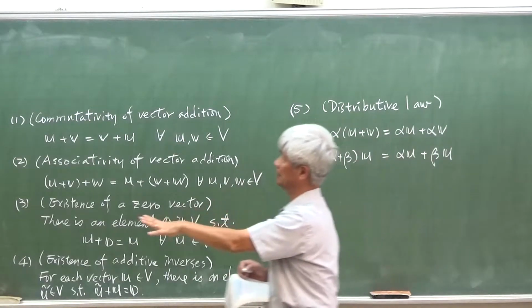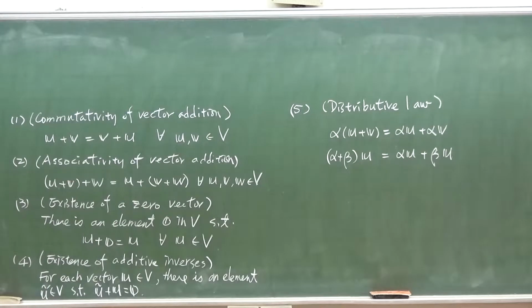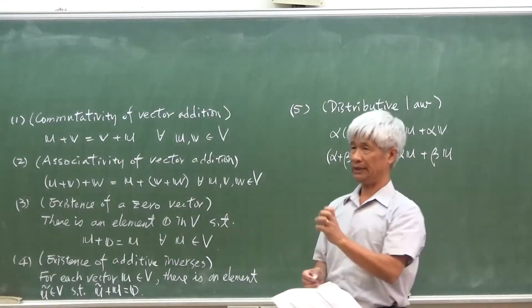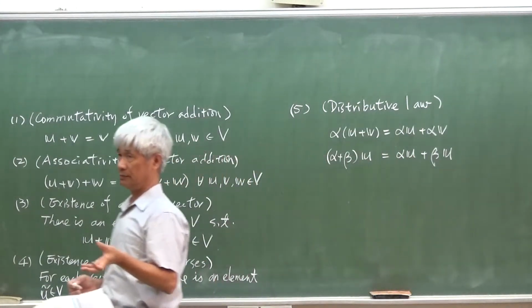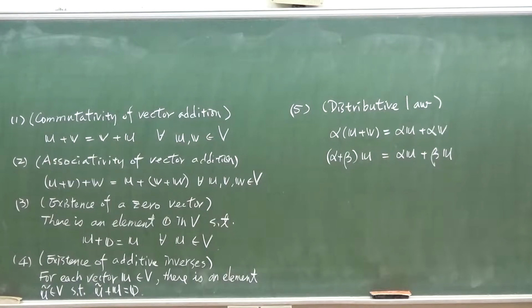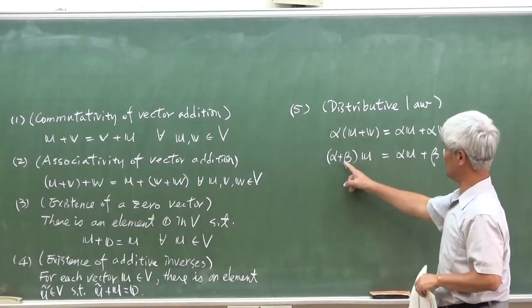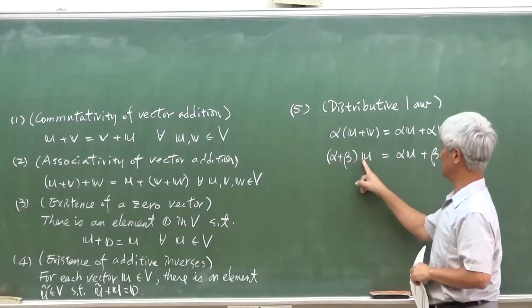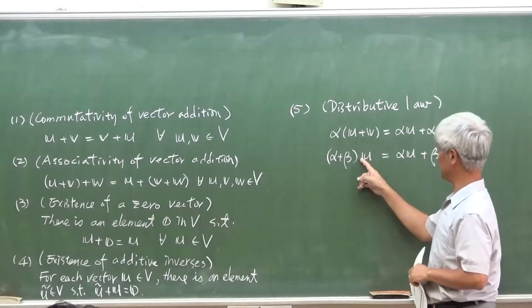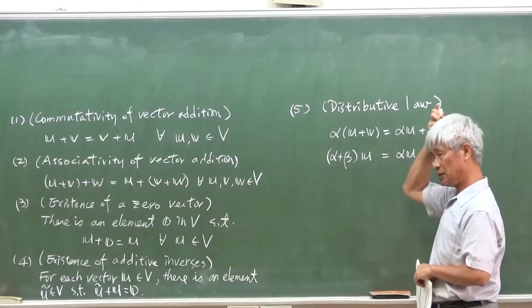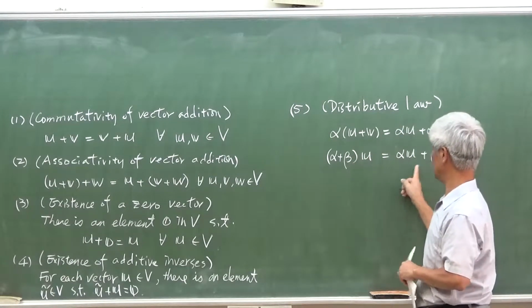Because we know the scalars are in the field of real numbers, a field in which we can do addition, subtraction, multiplication, and division, for the addition of two scalars the scalar multiplication will be distributed relative to the addition of the two scalars.